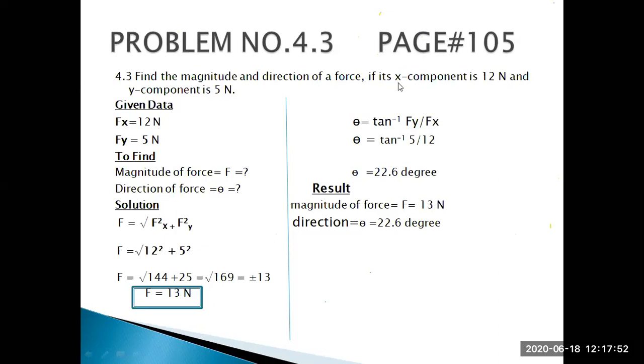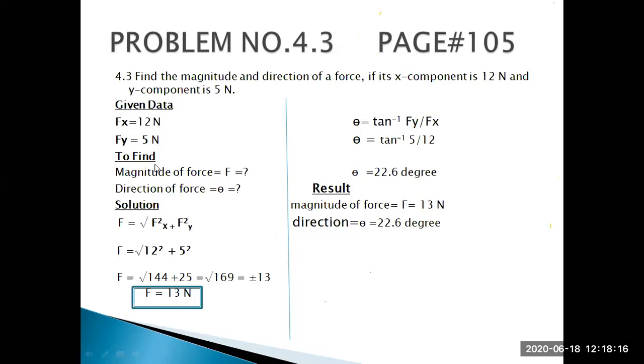Whenever he says x component, you will write Fx is equal to 12 Newton. And the y component of the force is also given, which is denoted with the letter Fy equals 5 Newton. These are two forces, that's why the unit is Newton. You know the unit of force is Newton.